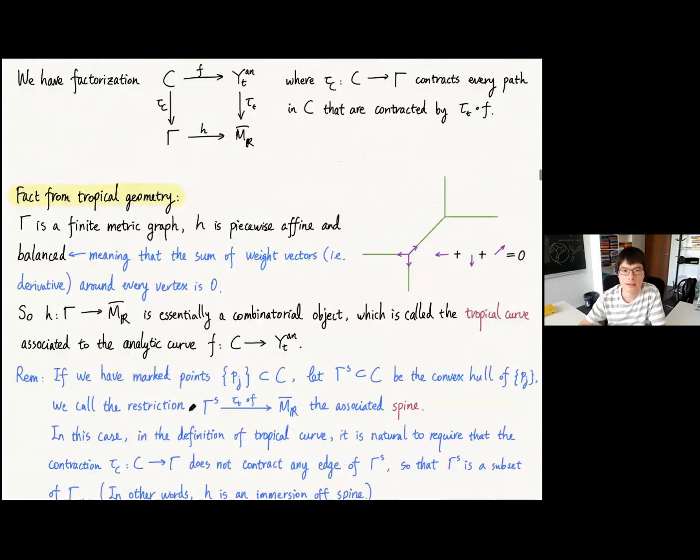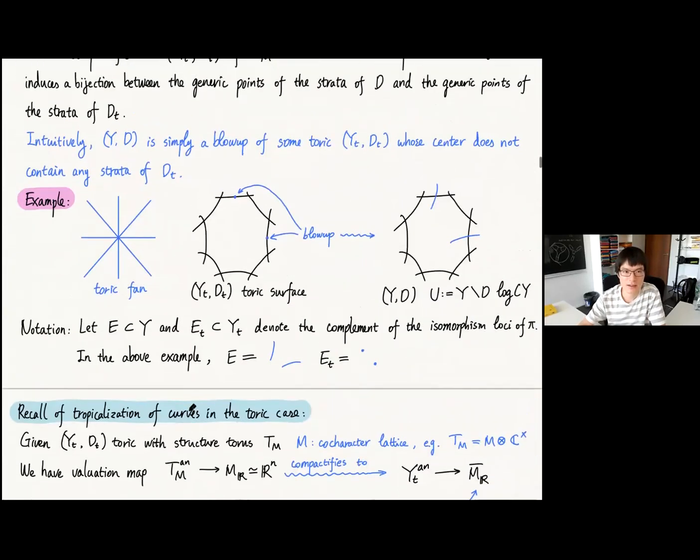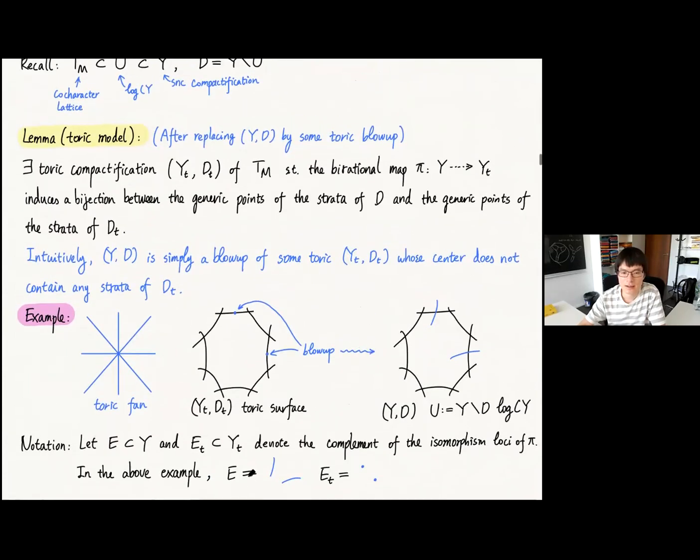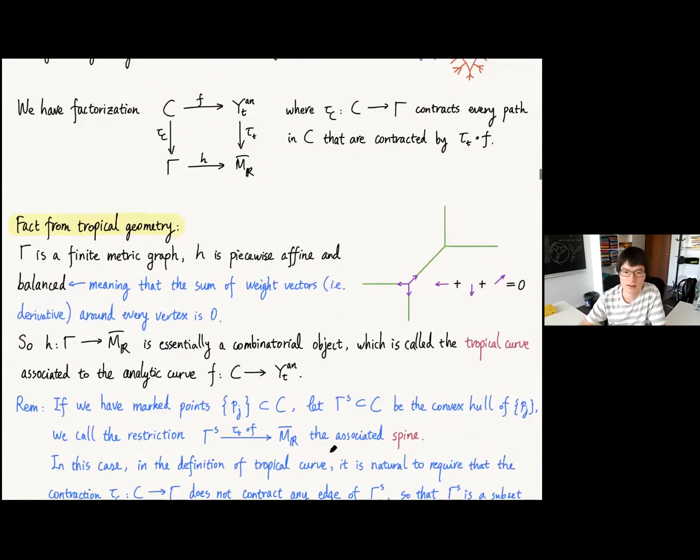Recall that in the lemma of toric model, ET is the complement of the isomorphism locus of pi, like the center of the blow-up, and by the statement that the toric model induces a bijection between the generic points of the strata of D and the generic points of the strata of DT, it implies that the tropicalization of ET is of codimension at least 1 inside the boundary of MR.